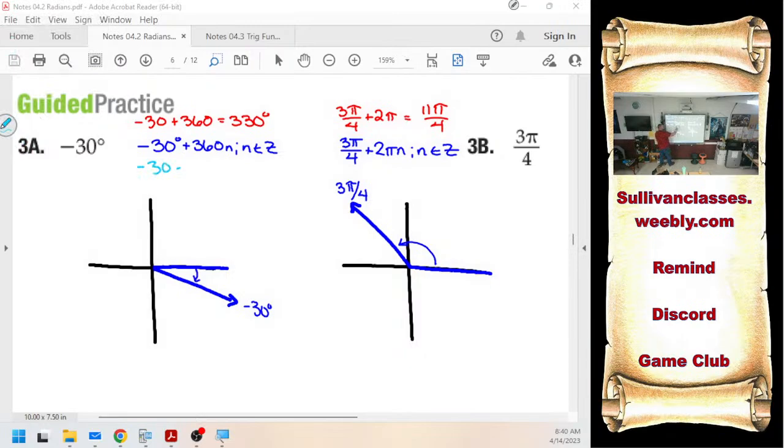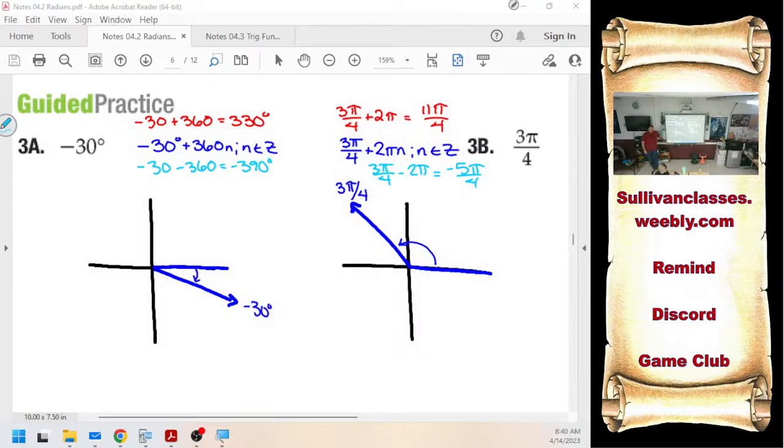Negative 30 minus 360. And 3 pi over 4 minus 2 pi is negative 5 pi over 4.